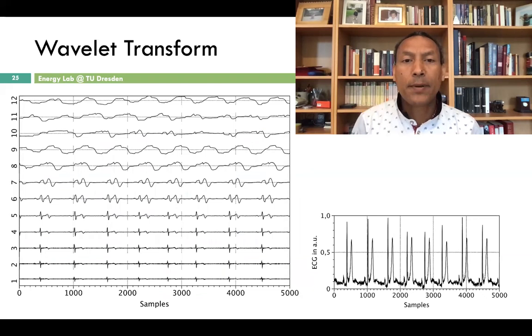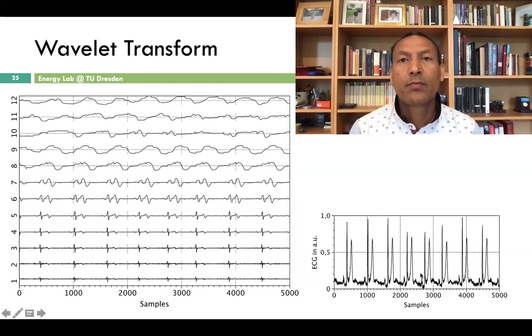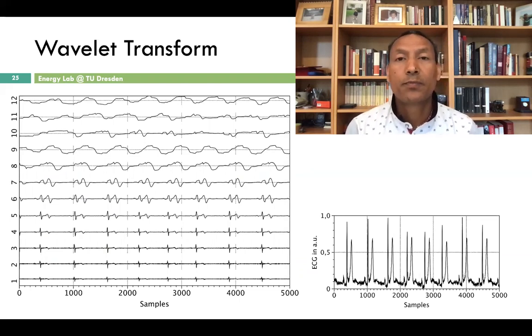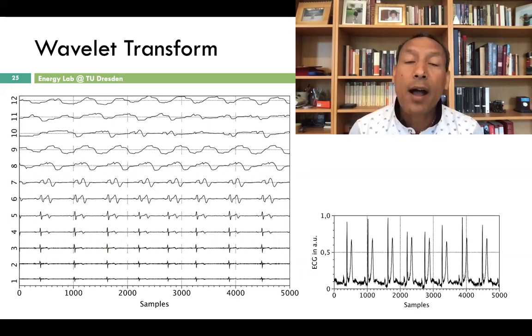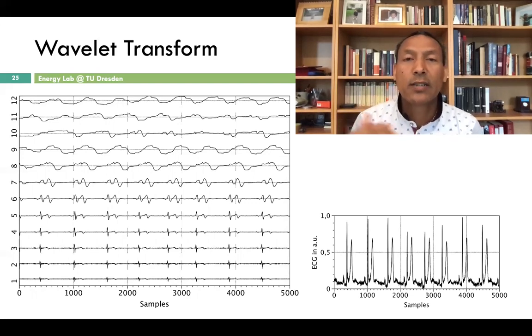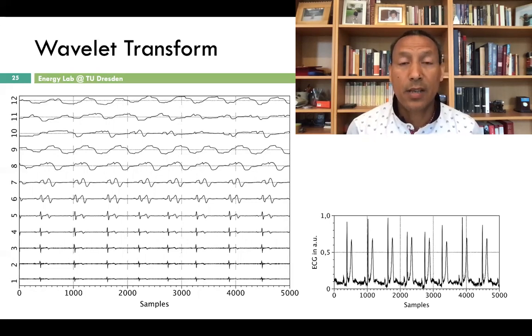So for example, if we have this ECG signal you see here, we can apply wavelet transform or short-time Fourier transform to get some insight into the frequency distribution of the signal, so that we know not only what happens at a given time, but with what frequency or with what speed it has happened.